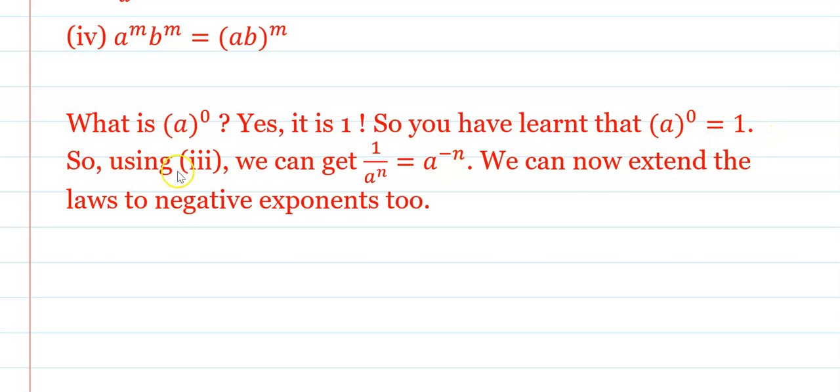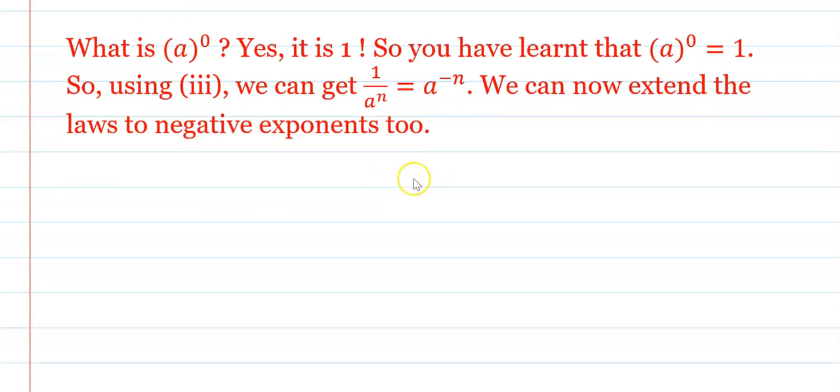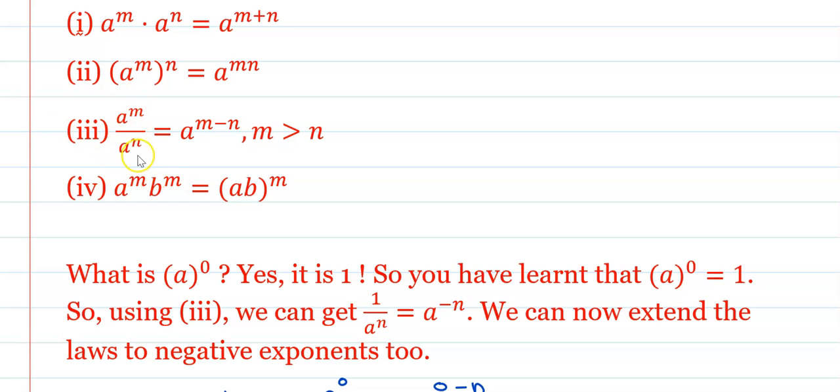So using this, we can get 1 upon a raised to n equals a raised to minus n. How is it? See this here. 1 upon a raised to n, here 1 means a raised to 0, so a raised to 0 upon a raised to n. And again this can be written as a raised to (0 minus n) by the law of division.